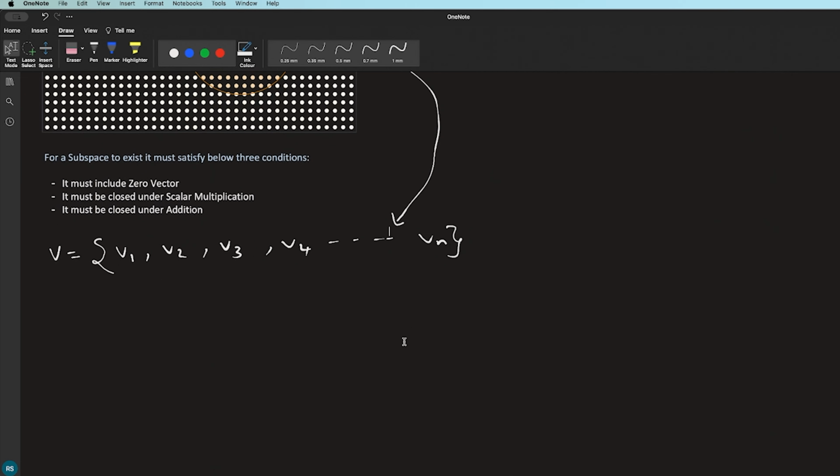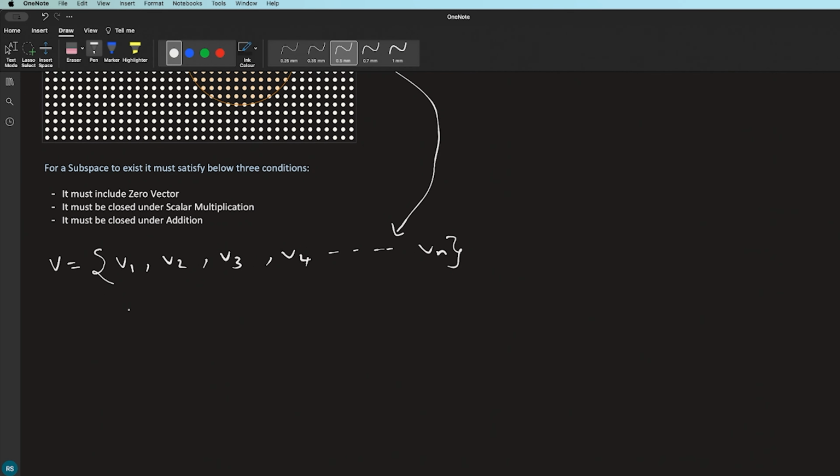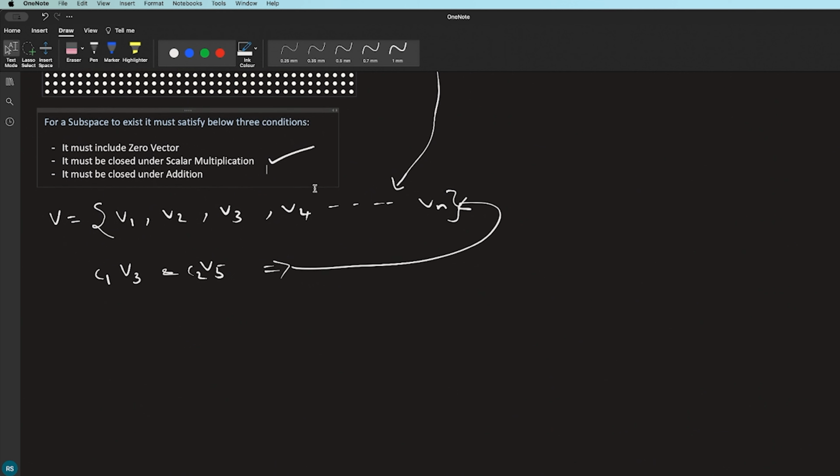Now if I take any two vectors here, like v3 and v5, and multiply them with any scalar values c1 and c2, and the resulting vector exists in this vector subset, then we can say that it is closed under scalar multiplication, so this condition is satisfied. If we multiply any vector with a scalar value and the resulting vector also exists in the set, this condition is satisfied. The same goes for vector addition.